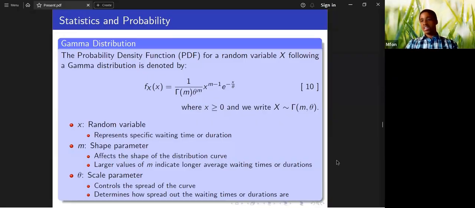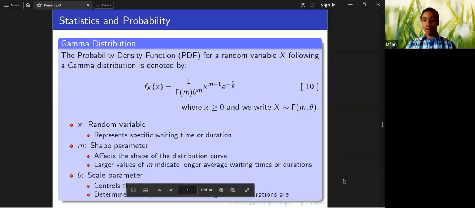Here, x has to be greater than 0. So x is the random variable, a specific waiting time. M is the shape parameter. It determines the shape of the distribution. For larger values of m, the waiting times required are longer. And theta is the scale parameter. This helps us control the durations of the waiting time.